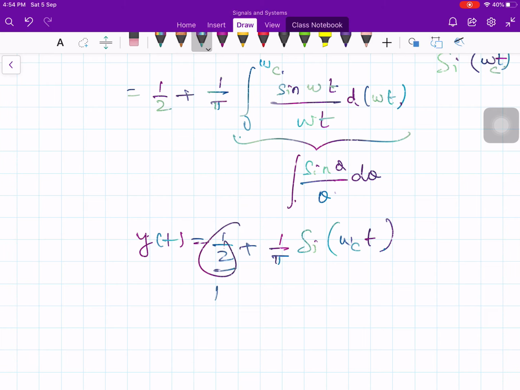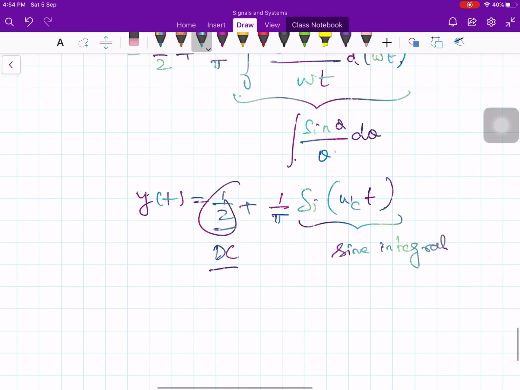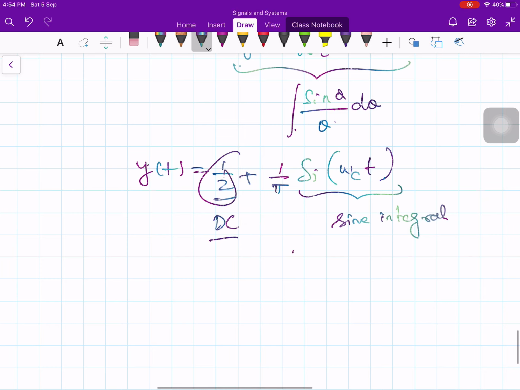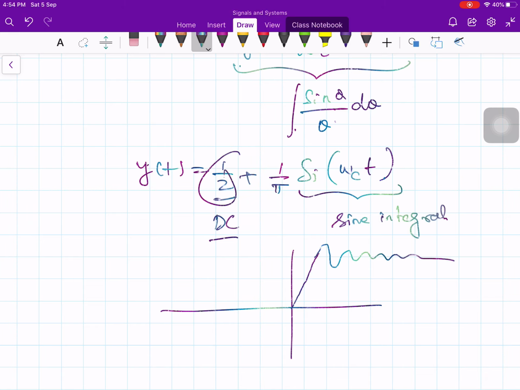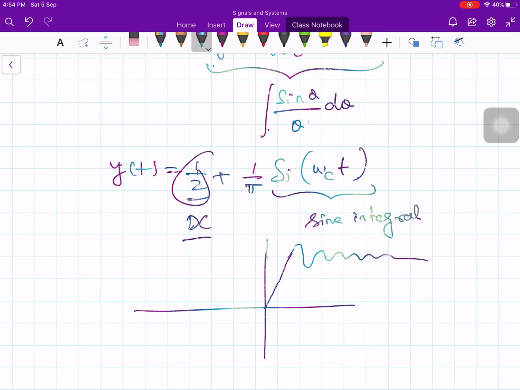As far as this sine integral is concerned, if you recall, the sine integral has a characteristic like this. It increases like this, and then it reaches some peaks and keeps on oscillating and settles down, and the settled value is what? Pi by 2.